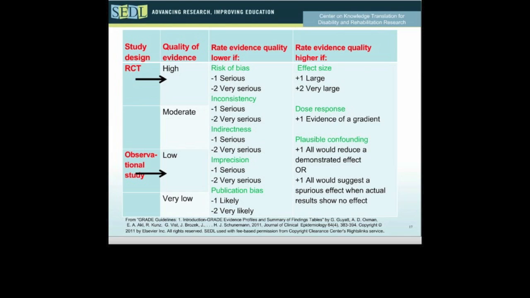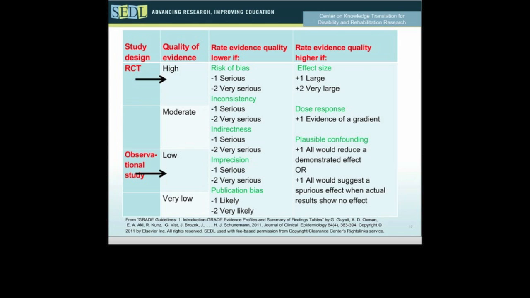On the other hand, GRADE, and in this it was unique, also said, well, but you can also grade up. You can assign a higher level of evidence if you have a large or a very large effect size, if you find a dose response, or if any confounding that is plausible would just increase effect size, would not wipe it out.